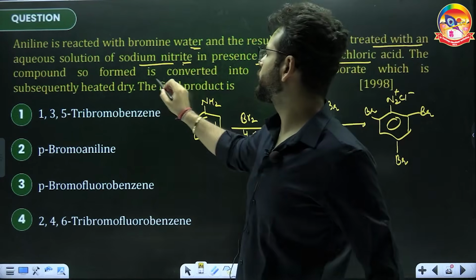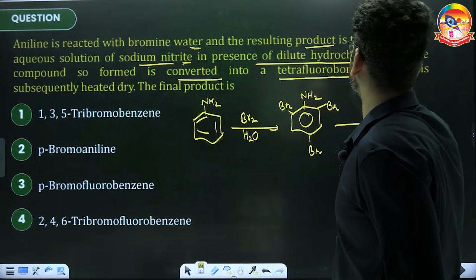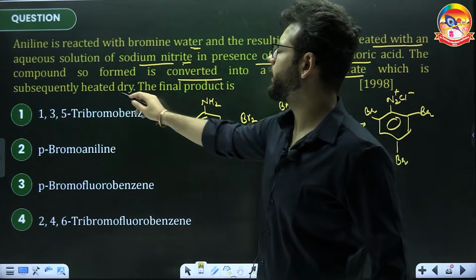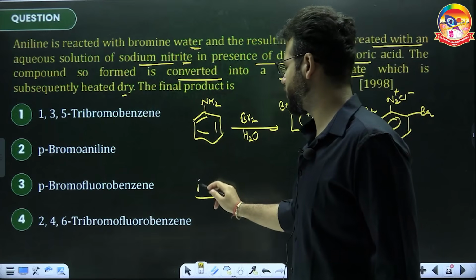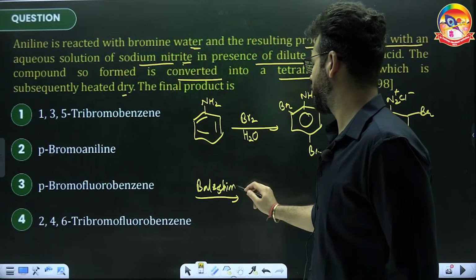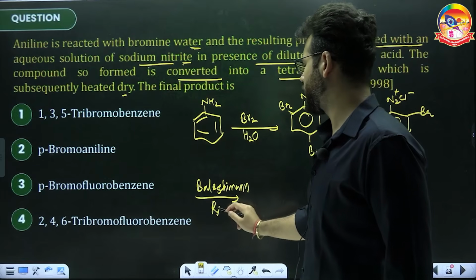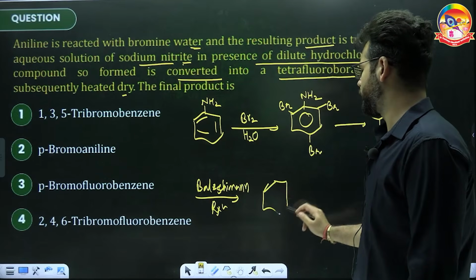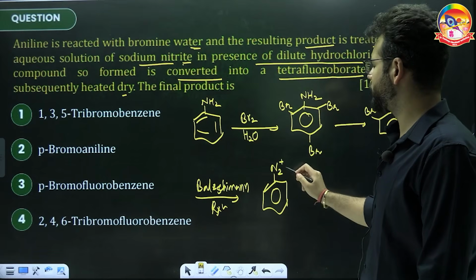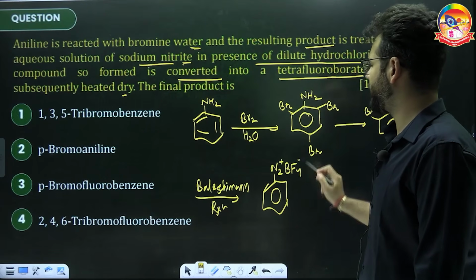The compound so formed is converted into tetrafluoroborate, which is subsequently heated dry, which is a Balz-Schiemann reaction. Very important reaction, another name reaction. When I react with HBF4, this diazonium converts to a stable diazonium salt.